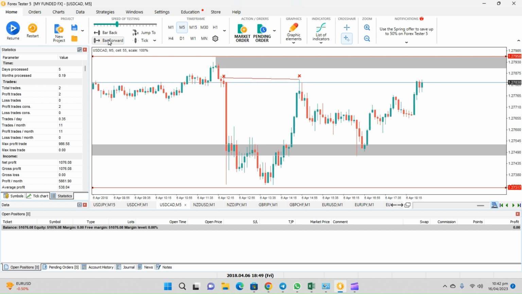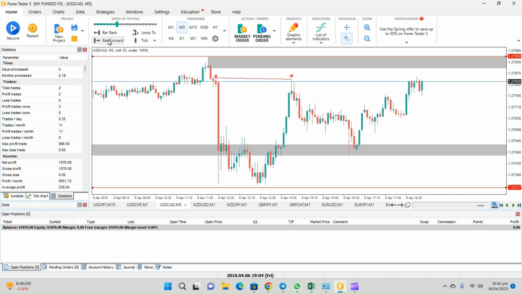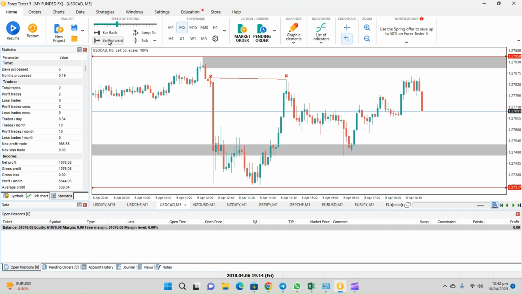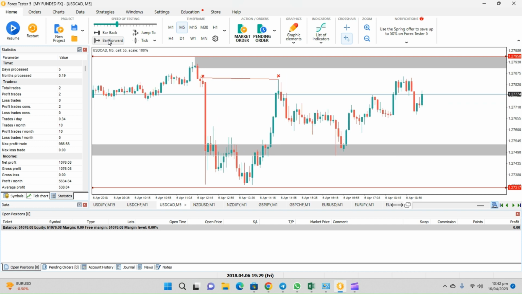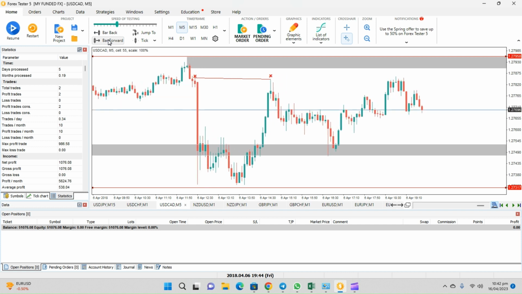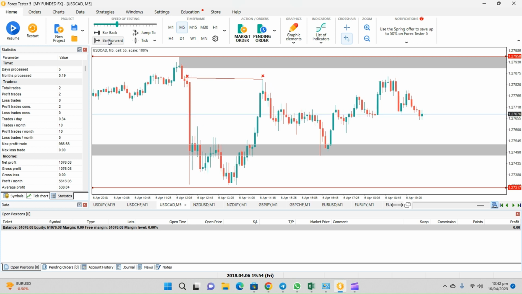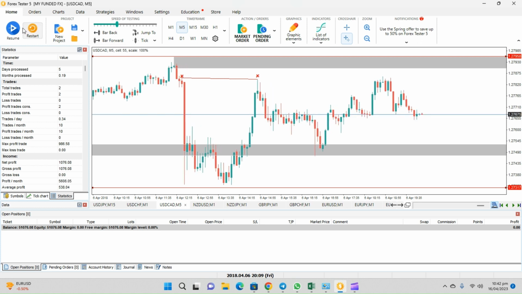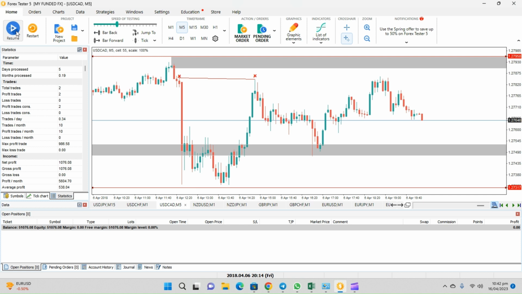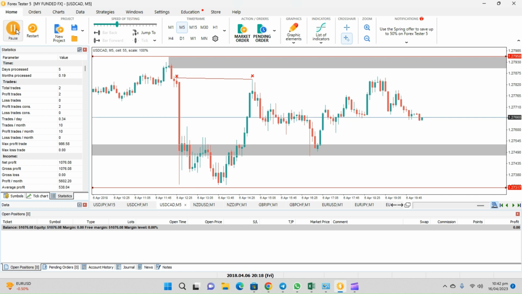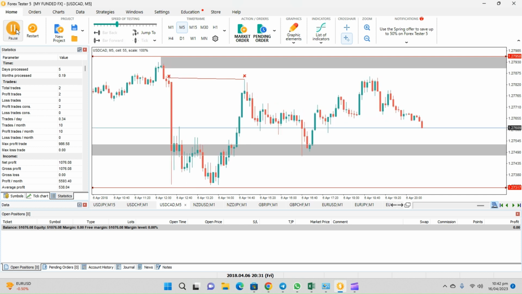Let's see how it's going to do. Remember, we want the price to actually come into our zone for us to get triggered in. This is where we have to be patient as forex traders. You don't want FOMO. You want the market to come to you. You don't want to chase price.